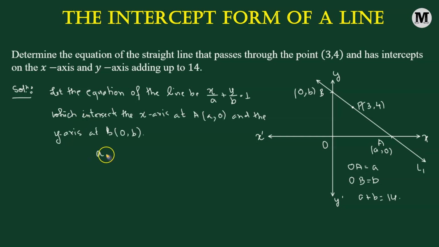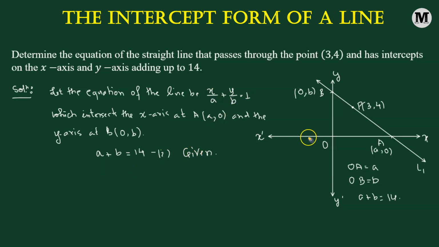And it is given in the problem that a plus b equals 14. Let's label this as number 1. Using this, our goal will be to determine the values of a and b in order to find the equation of the line. Okay, so let us begin.